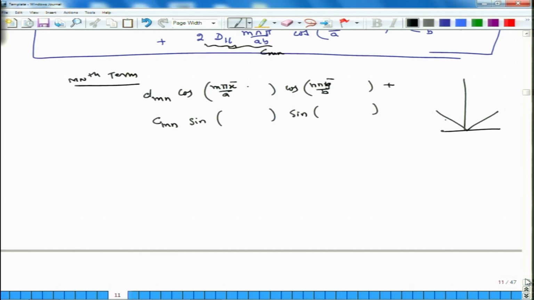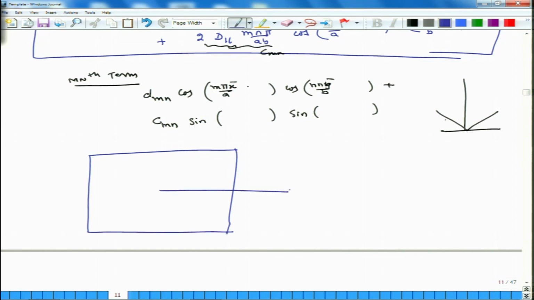Okay. Now let us look at the plate geometry again. So our plate geometry is this. The origin is now at the center. Consider a point, for purposes of convention, just for this lecture only, this is x bar and this is y bar.